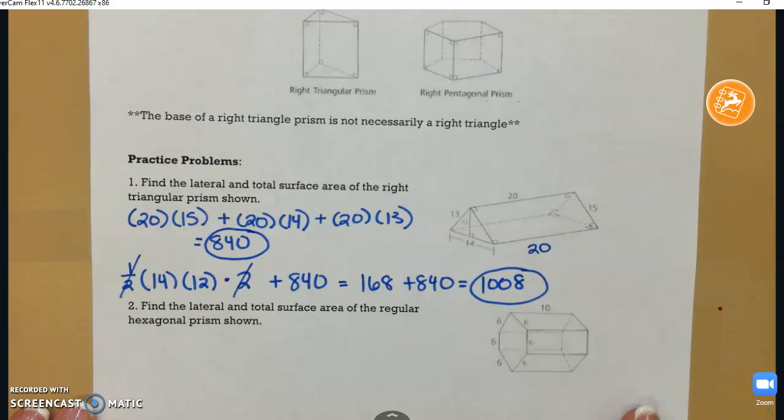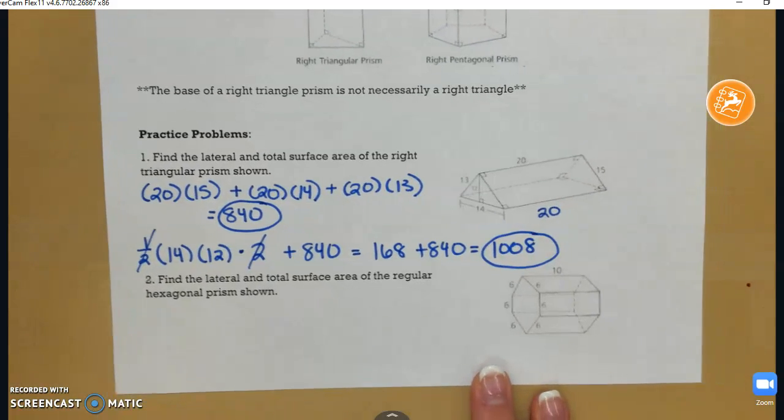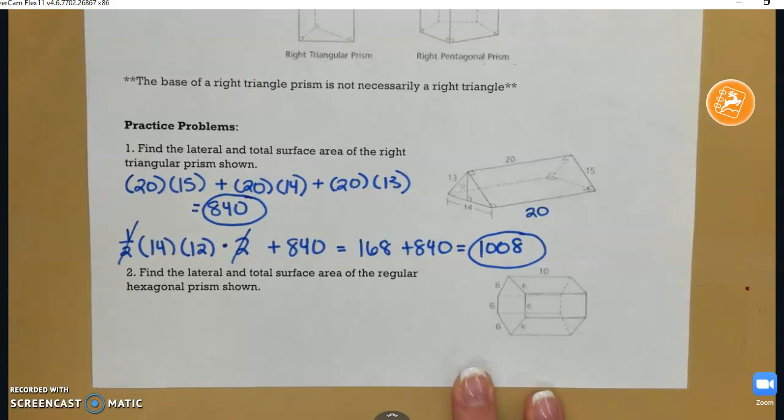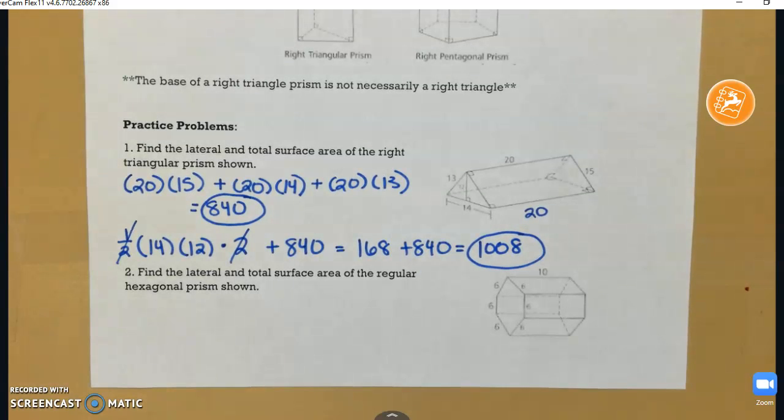Moving on, we are now finding the lateral and total surface area of this hexagonal prism. So that means that my bases are hexagons, and that means that I am going to have 6 lateral sides because I have 6 sides in a hexagon.